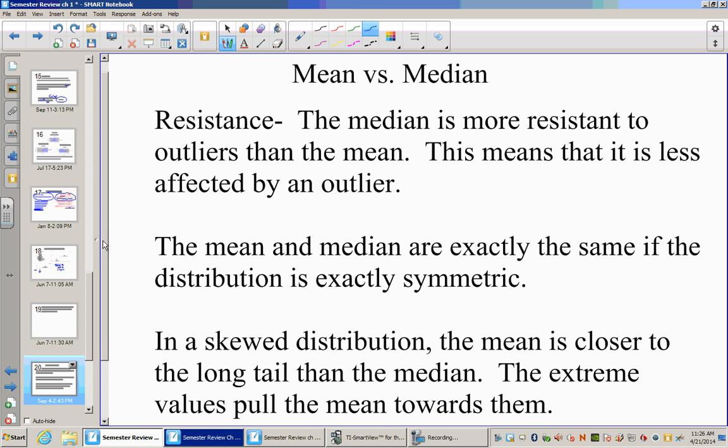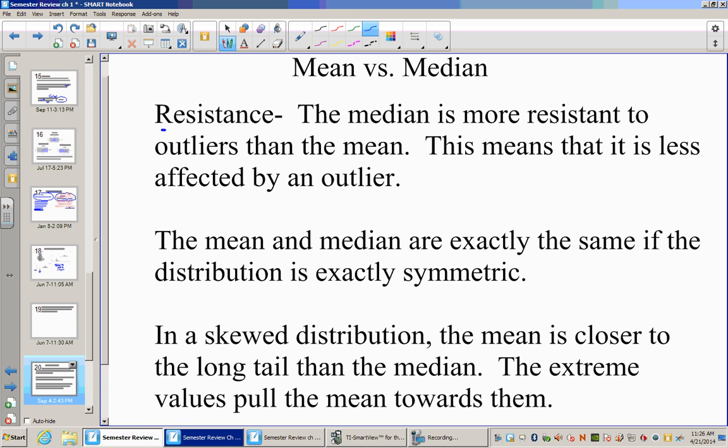Now, mean versus median. The word resistant means whether it can withstand an outlier. So the median is pretty resistant to outliers because if you have a large data set, putting in one outlier is not going to change the median very much. However, putting in one outlier can change the mean, because the mean requires adding up all the numbers and dividing by how many values you have.